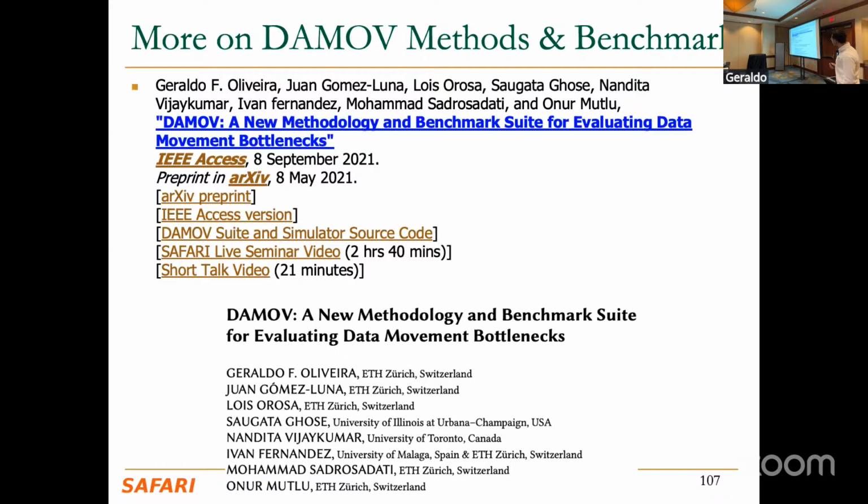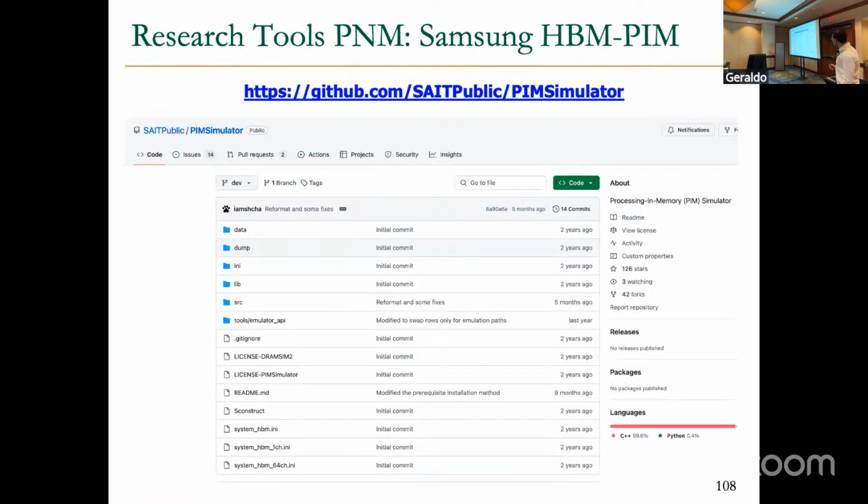Another tool that can be used, in case you don't have access to those chips, is simulators available online that you can use to conduct research on processing near memory architectures.